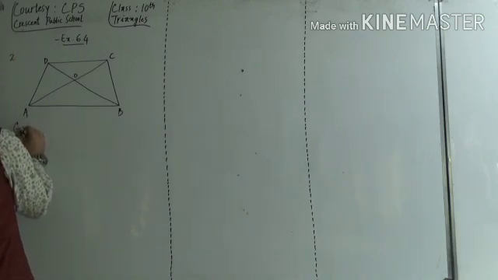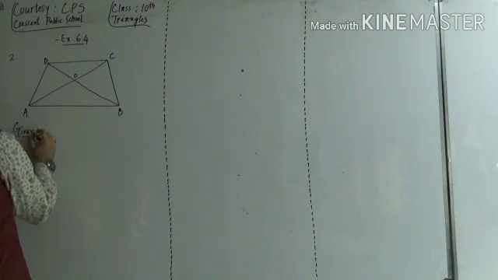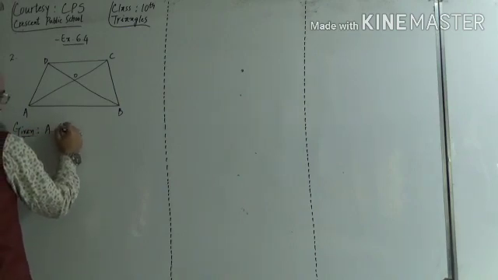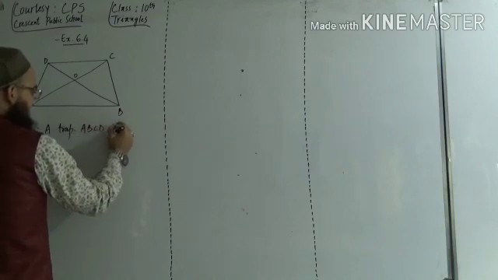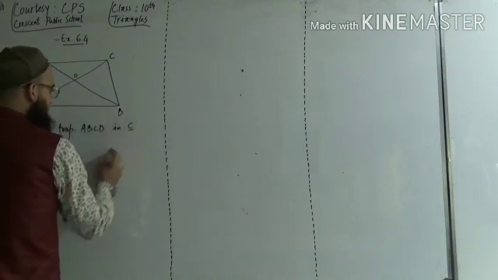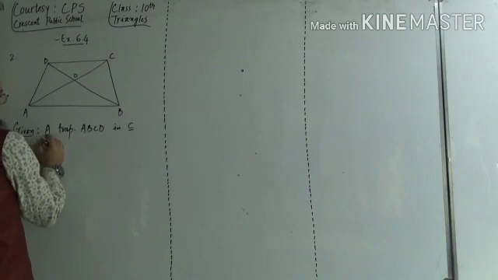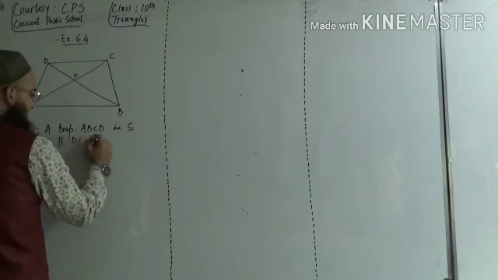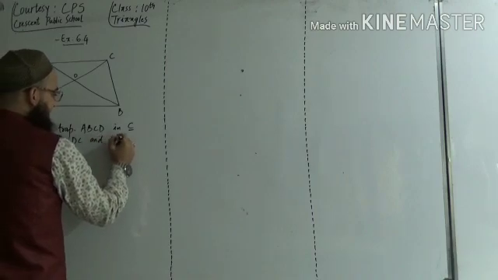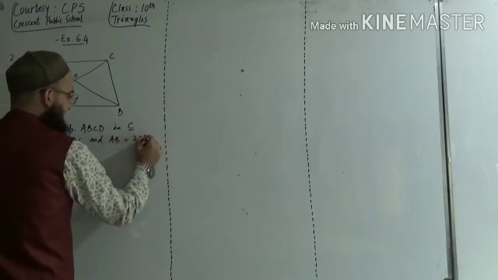So, what is given? A trapezium ABCD in which AB is parallel to DC and AB is equal to twice CD.